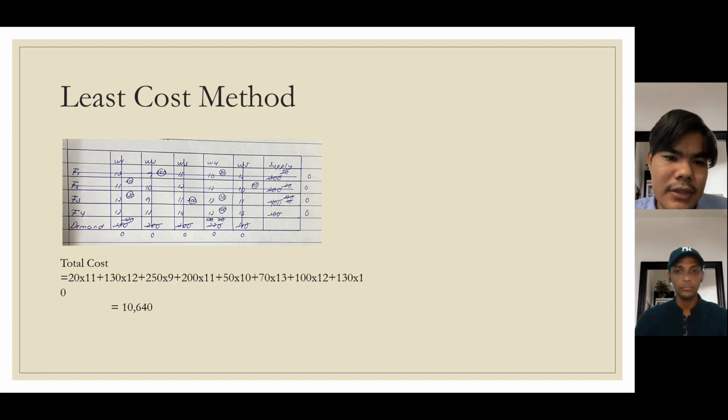The total cost is 20 multiplied by 11 plus 130 multiplied by 12 plus 250 multiplied by 9 plus 200 multiplied by 11 plus 50 multiplied by 10 plus 70 multiplied by 13 plus 100 multiplied by 12 plus 130 plus 10, sorry.